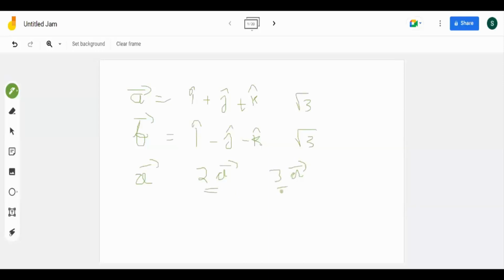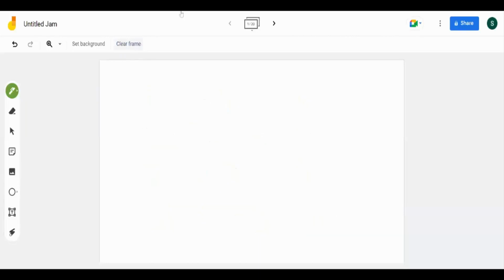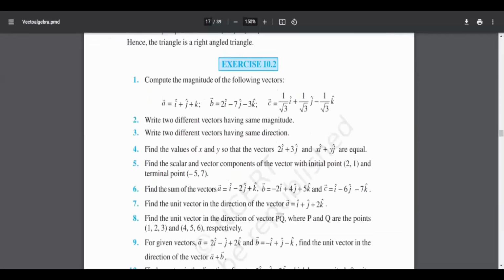So A is i cap plus j cap plus k cap, and 2A is 2 times i cap plus j cap plus k cap. They have the same direction, the i plus j plus k root 3 unit direction, but they have different magnitudes. So this is also possible: you can write two vectors having the same direction and different magnitude.